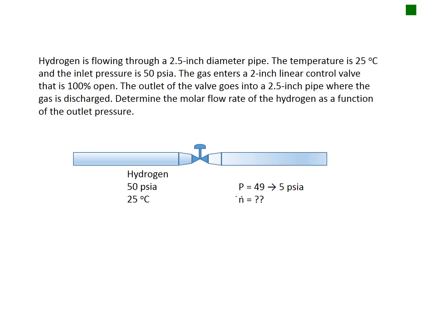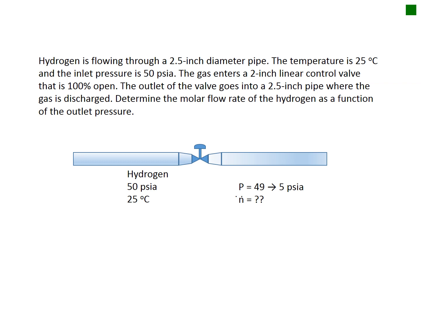Let's take a look at an example where I have hydrogen instead of water flowing through the same pipe. The inlet pipe diameter is 2.5-inch diameter. Temperature of the hydrogen gas is 25 degrees C, and the inlet pressure is 50 pounds per square inch absolute. We go through a 2-inch linear control valve that's 100% open, and the outlet of the valve goes into a 2.5-inch pipe where the gas is discharged.